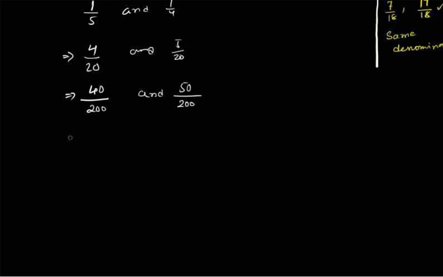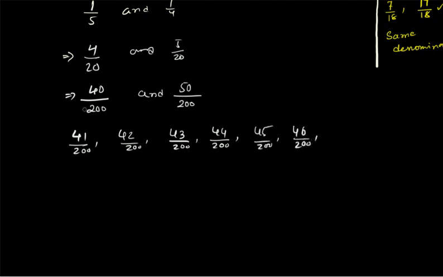How? I can write the numbers: 41 by 200, 42 by 200, 43 by 200, 44 by 200, 45 by 200, 46 by 200. I know I have to write only 3, but I'm writing the complete list so it will be easy for you to understand how this is happening.